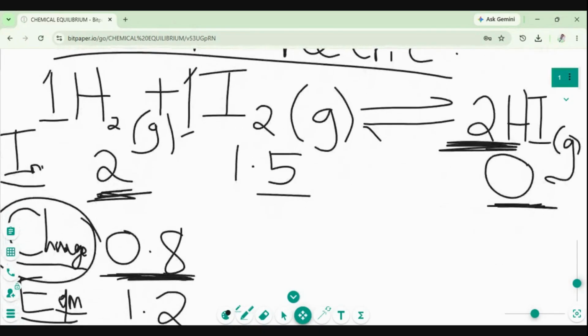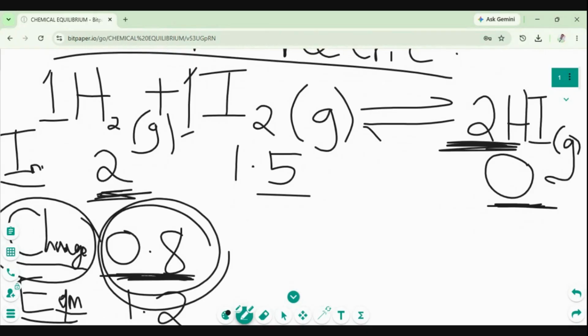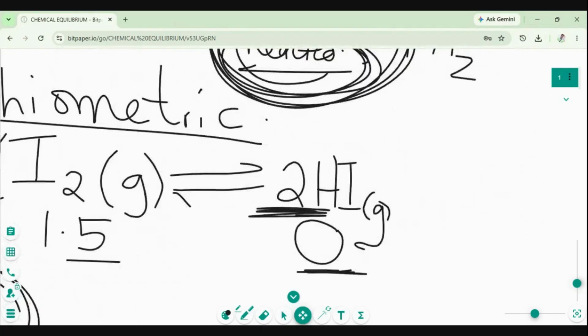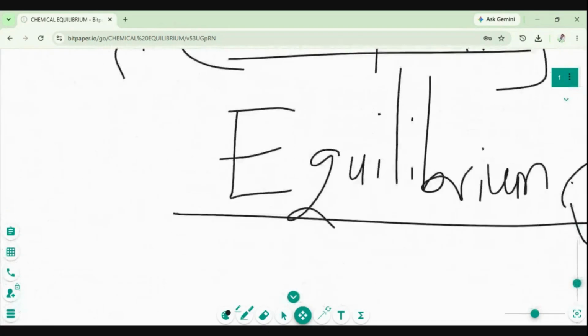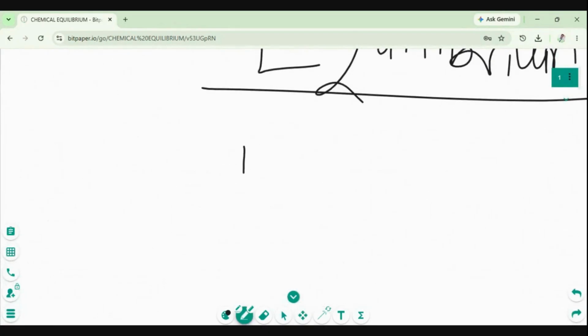Already they've told us that for hydrogen, it was 0.8. The moment you know the number of moles for one of them, you can always get the number of moles for all the rest of the chemical substances in the reaction. How do we do that? Using stoichiometry.